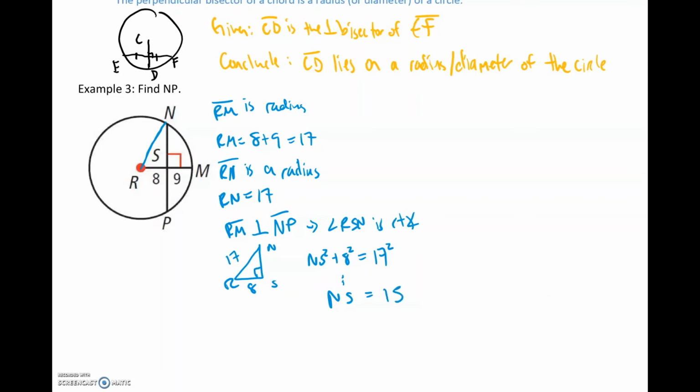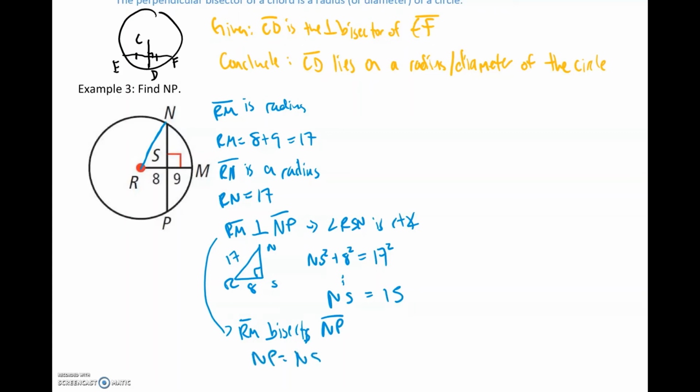How does NS help me find NP? Well, remember, if we know RM is perpendicular to NP, then we know that RM bisects both the chord and the arc. And we don't care about the arc today, so I'm not going to write in the arc NP, but I know it's going to bisect the segment NP, the chord. So that means NP is basically cut in half.